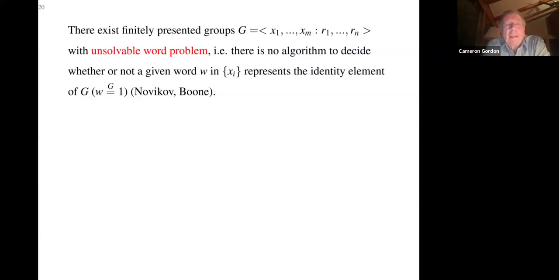That means there's no algorithm to decide whether or not a given word in the generators represents the identity element of the group. I'll have occasion to refer to this later, so I'll use the notation W equals 1 over G, meaning that this word W represents the identity in the group.